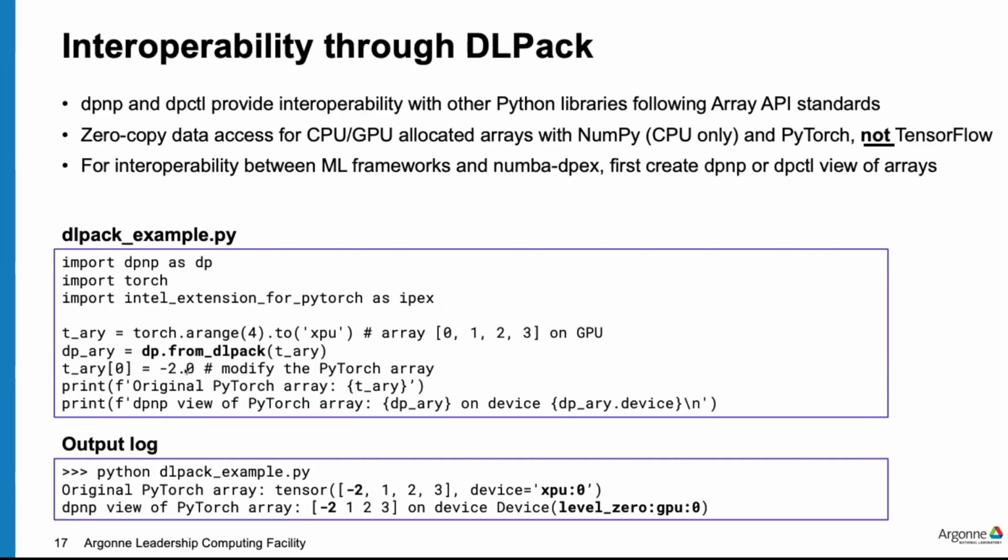And then if you modify the PyTorch array, you can see in the output log that both arrays are on the same device, and even though you modified just one of them, they both are the same because DPNP is just a view of that PyTorch array. So it's not actually creating a new one. And so that's going to be really useful if you're trying to do mixed workloads that use DPNP or DPCTL and Numba DPEX, and then you want to integrate PyTorch in there as well.